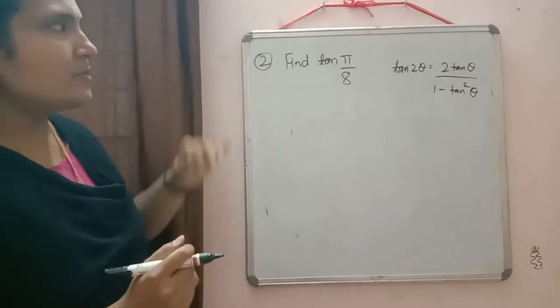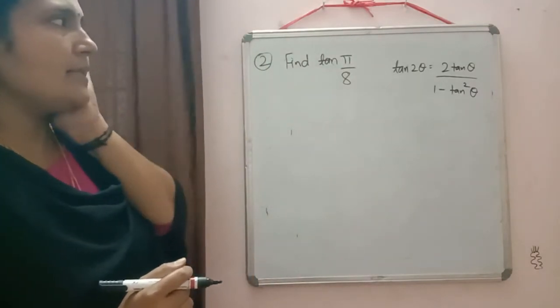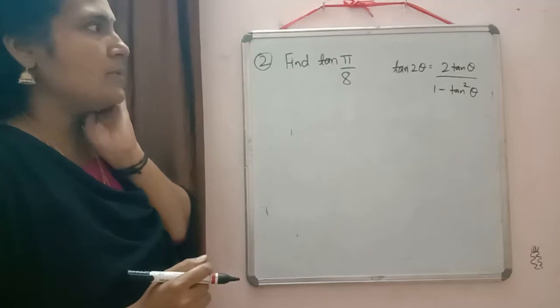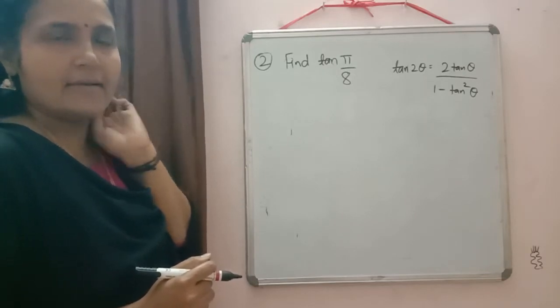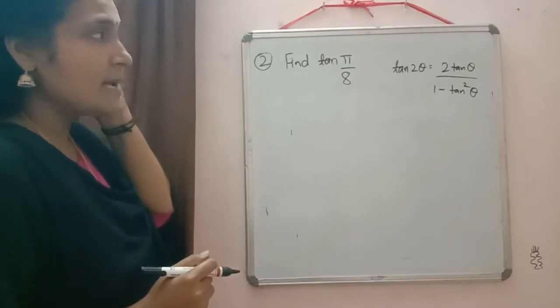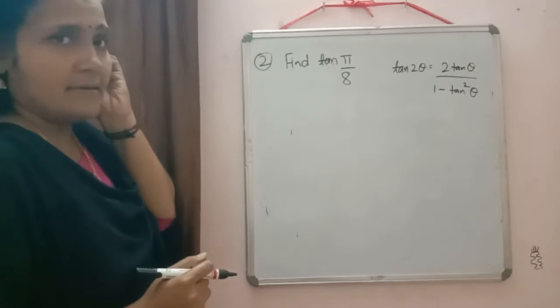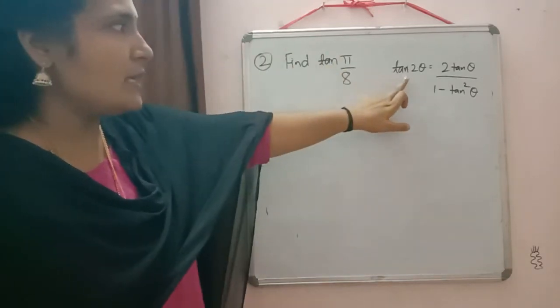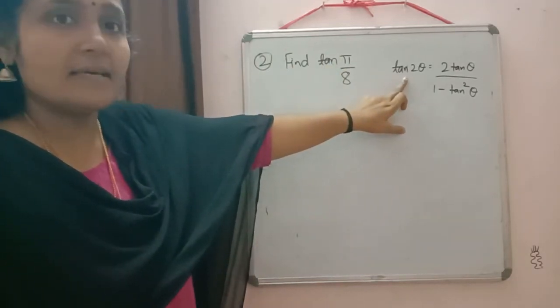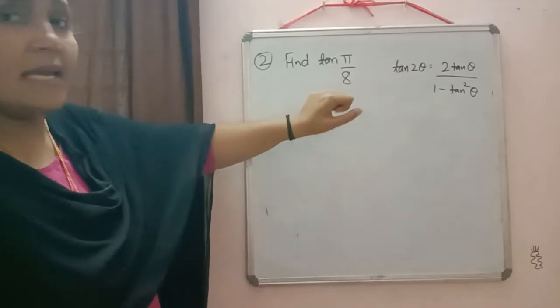Correct? So how can we apply this formula there? If our theta is equal to pi by 8, correct? We are taking theta as pi by 8. Whatever angle we wrote on the left hand side is double of the angle on the right.